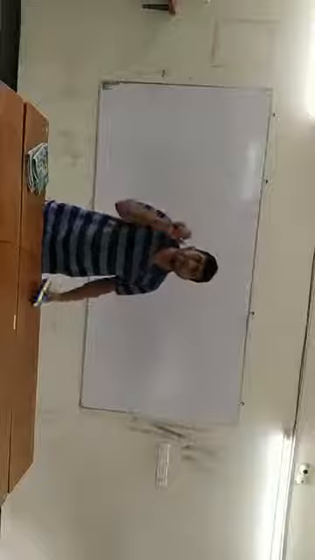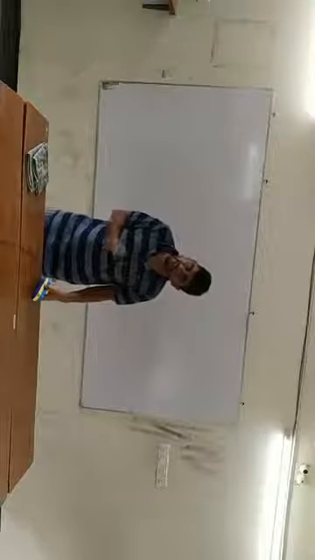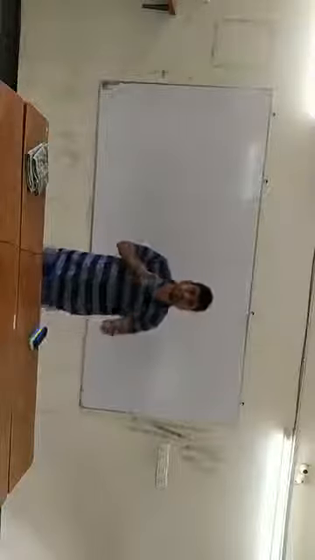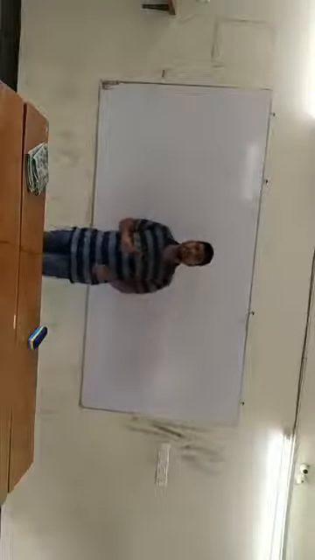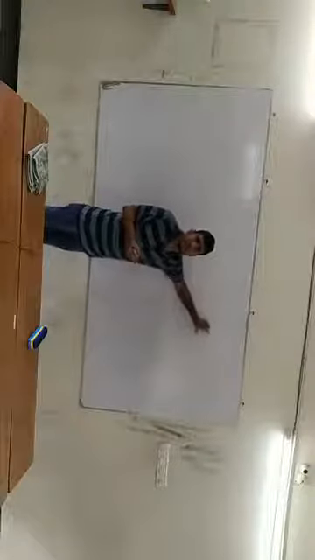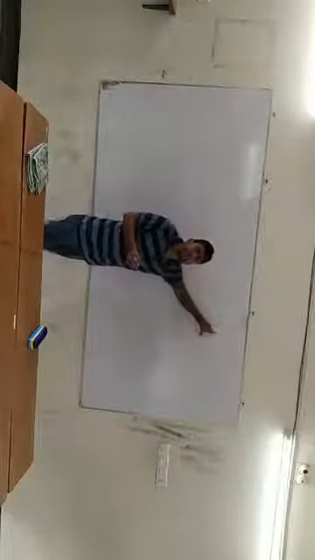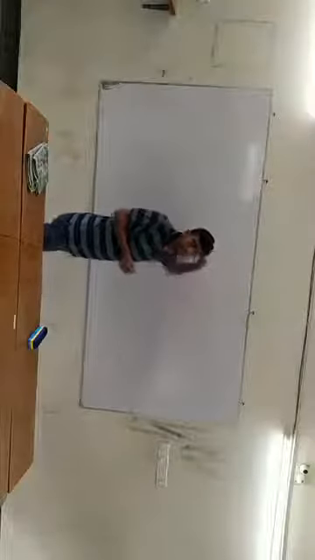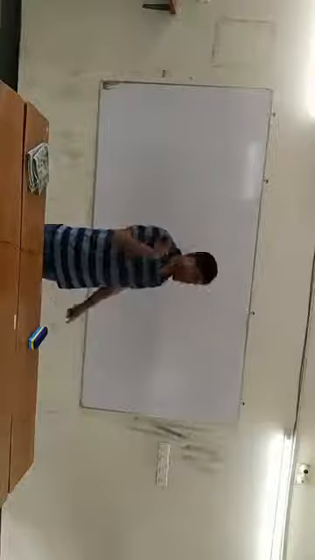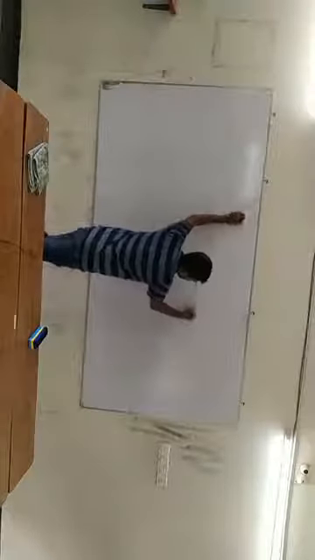That is the complete definition of modifiers. There are two types of modifiers: number one, pre-modifiers, and number two, post-modifiers. If you find the extra information before a noun or particular word, it will be counted as a pre-modifier. If you find the extra information after a noun or particular word, it will be counted as a post-modifier.